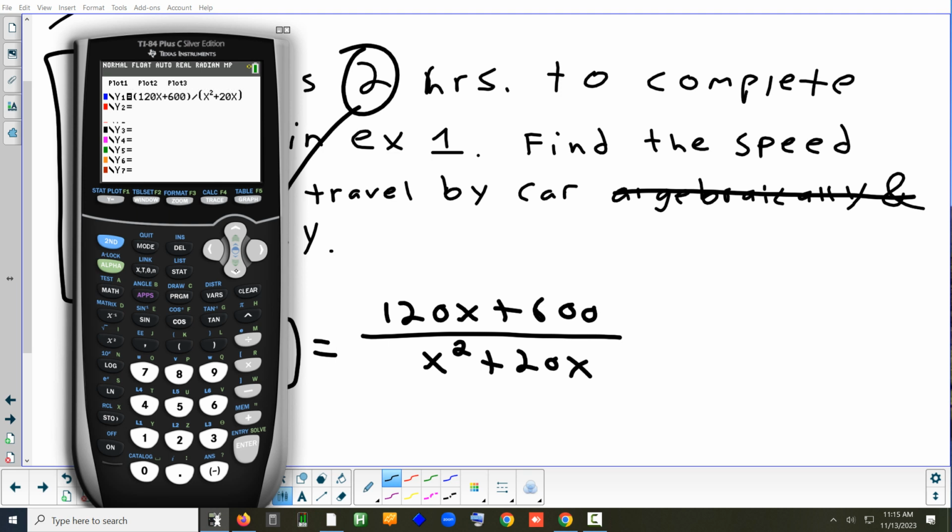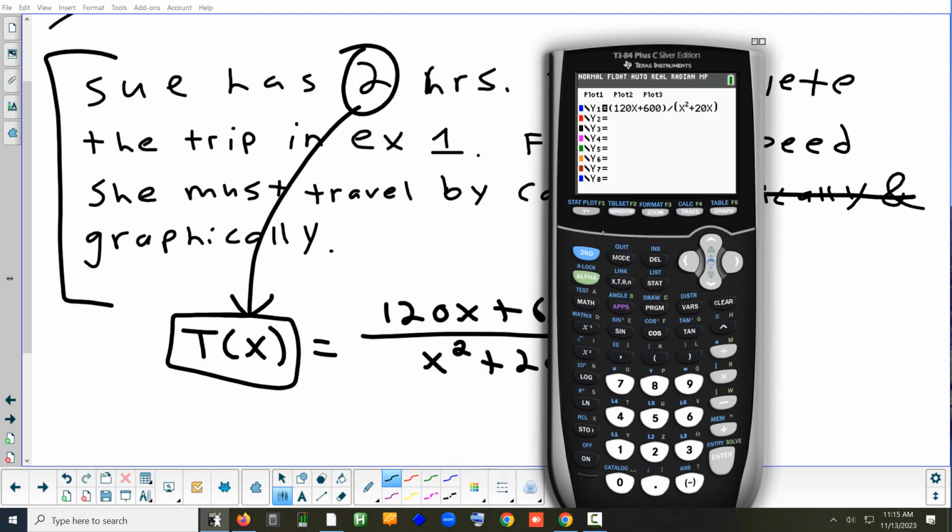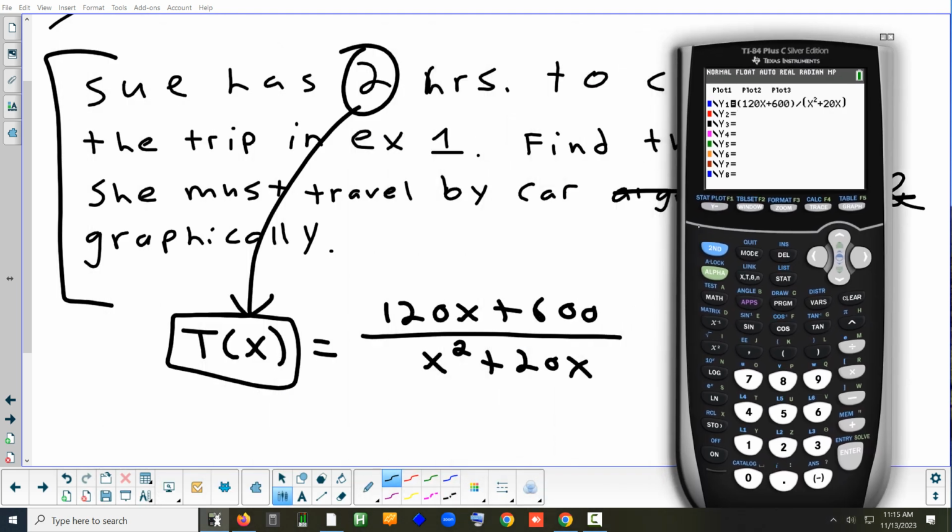So what do you think I want to put in y2? Have a guess what's going to go in y2? Y equals 0, so you can do the intercept.